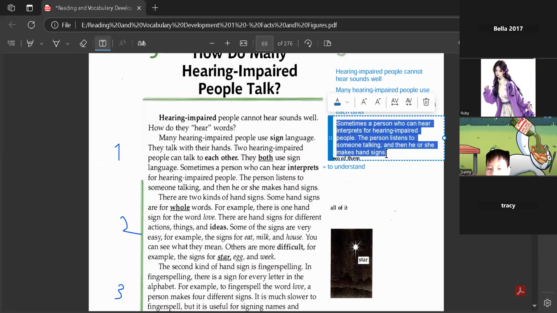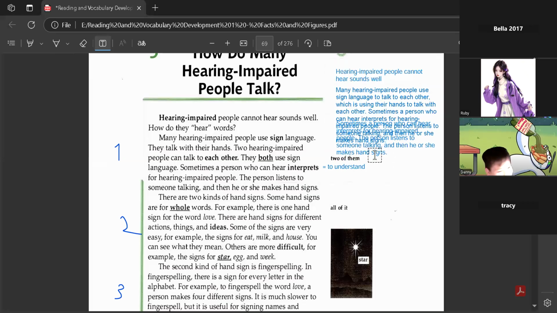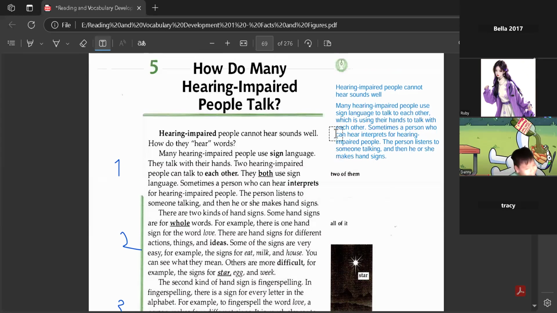Let me just put it in the same sentence. Okay, so this is our first paragraph with only three sentences.